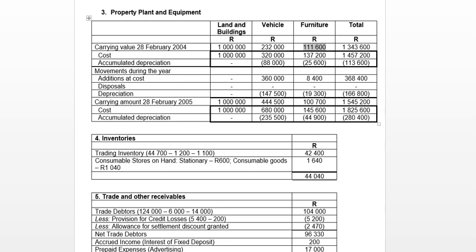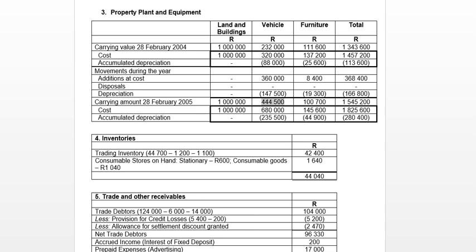Finally, the only other thing that we still need to determine is our accumulated depreciation as at the end of the year. So that's going to be our accumulated depreciation at the beginning of the year plus our depreciation for the year of 147,500 Rand. The total accumulated depreciation for vehicles at the end of the year was 235,500 Rand. For furniture, it will be 44,900 Rand.